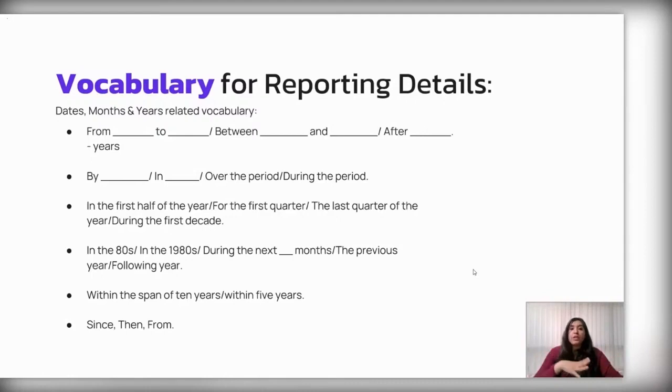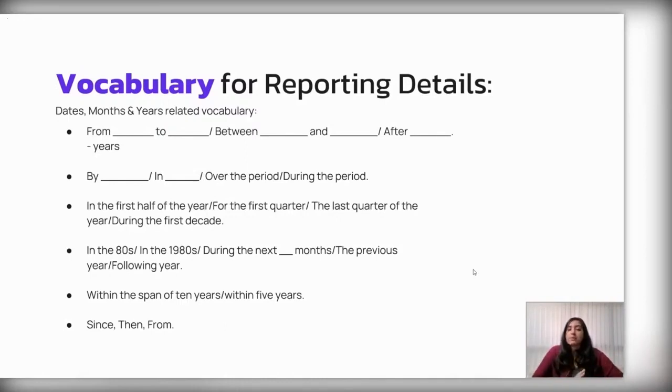Following year is a brilliant thing to say when you're describing a certain year, like maybe let's say 1993, and you want to go on to describe 1994 and the years after that. The following year or the following years, you can say, and it really helps. It really elevates your essay. And then another one is within the span of 10 years or within 5 years.